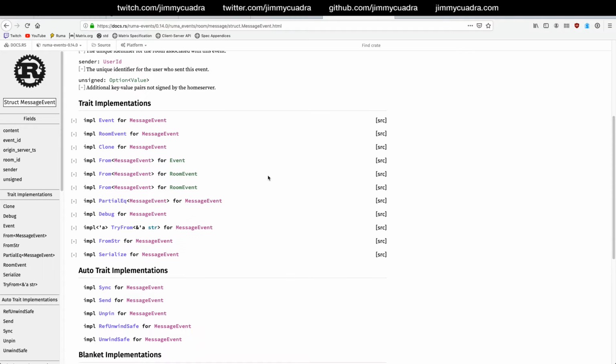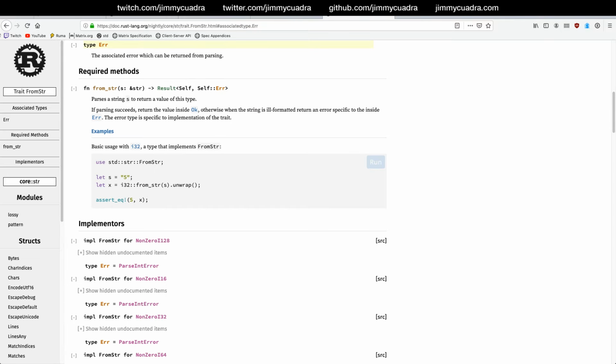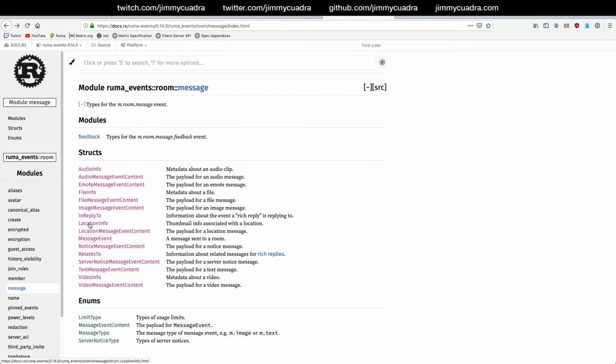So we removed the public deserialization interface, and what you do instead is use this from string implementation. You pass in a string of JSON data, and it'll give you back either a deserialized and validated event or an error, which is this invalid event type.